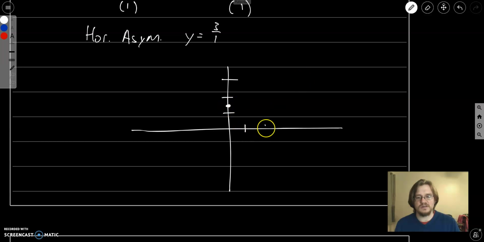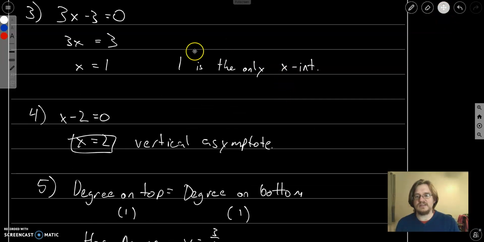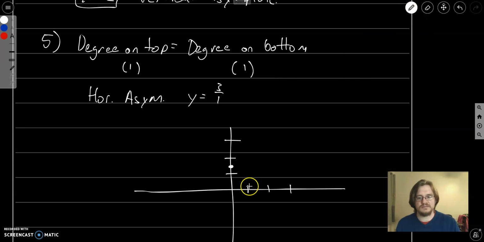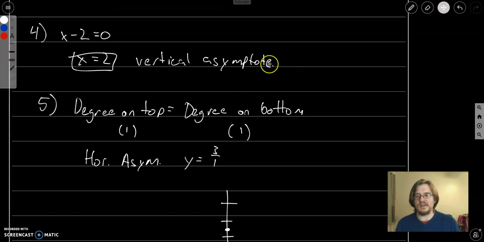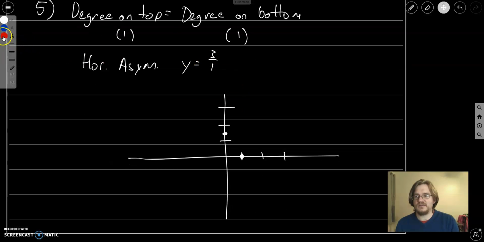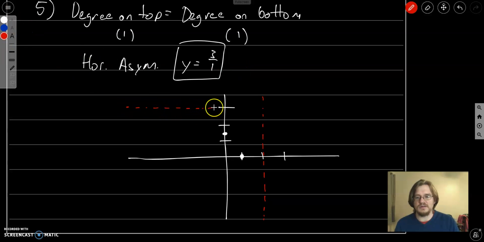If I go 1, 2, 3, we have an x-intercept at 1. And we have a vertical asymptote at x is equal to 2. And then we have a horizontal asymptote at y is equal to 3/1, which is the same thing as y is equal to 3. So here is our horizontal asymptote.